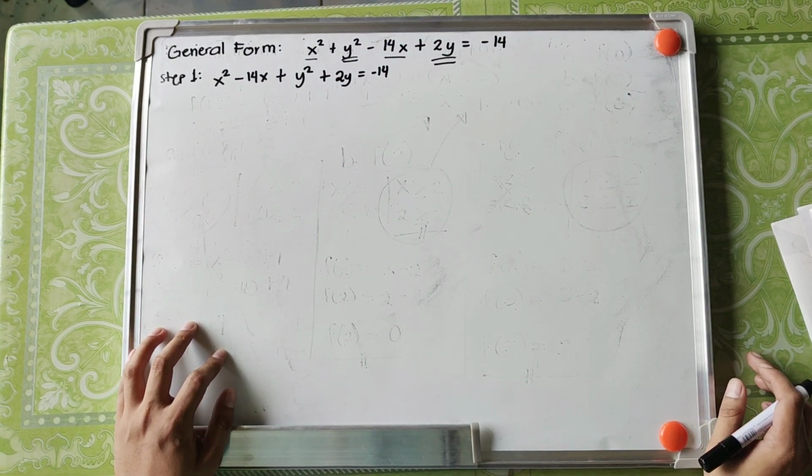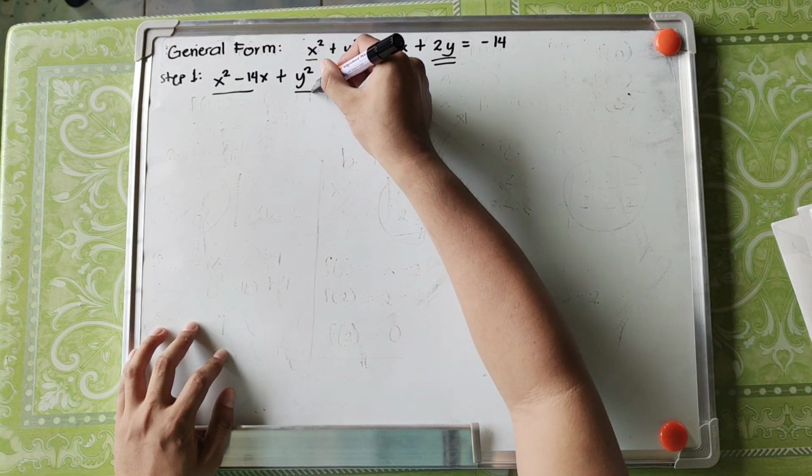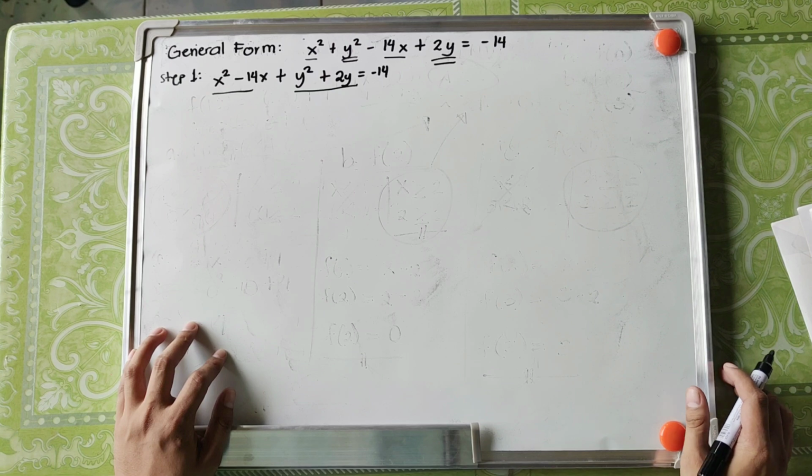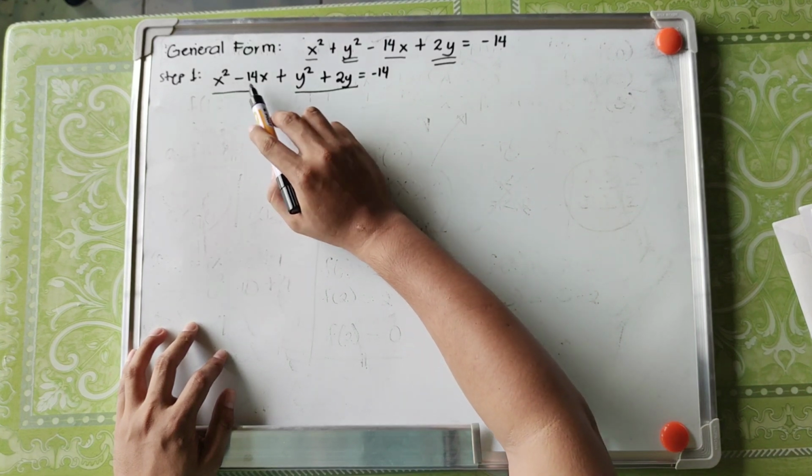That's step 1. Next, we have to make a perfect square trinomial. The first step in making it a perfect square trinomial is, of course, we have to make this equation a trinomial. A trinomial is a polynomial having 3 terms. The x squared is 1 term, the negative 14x, so they are just 2 terms.